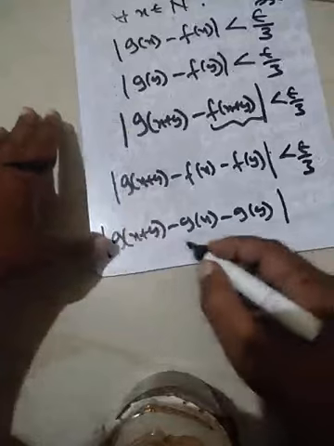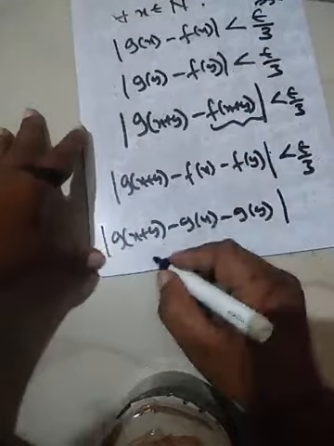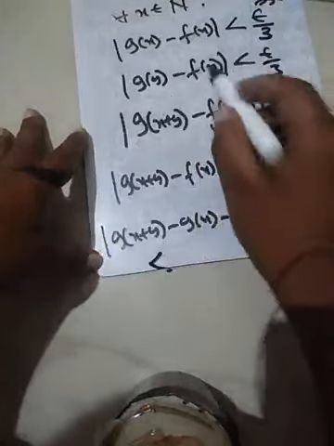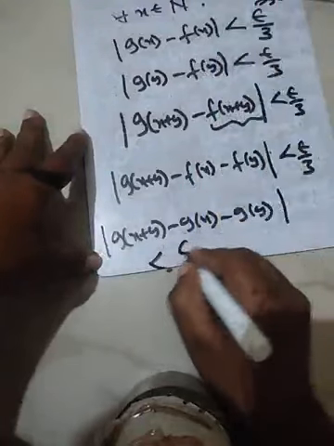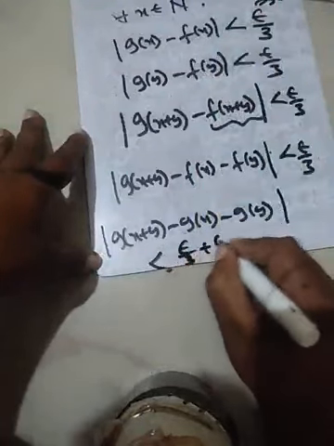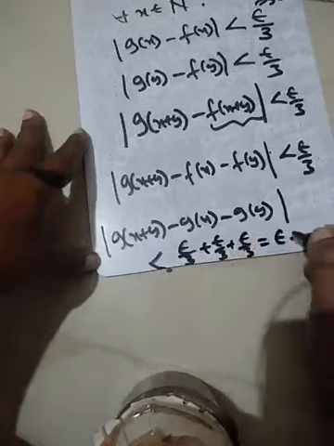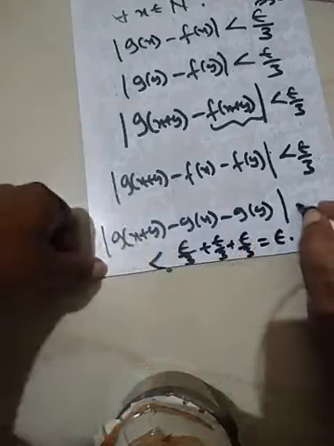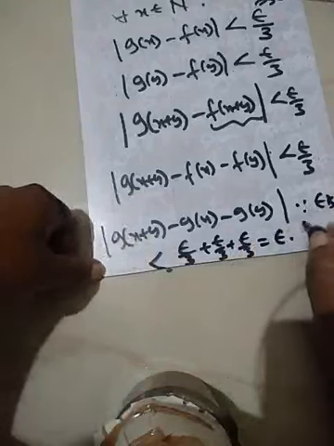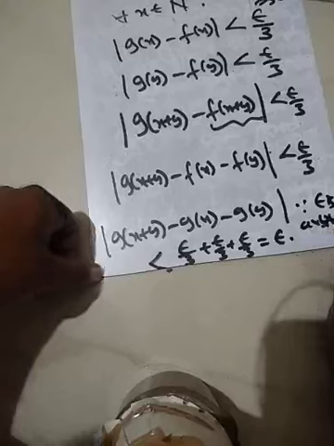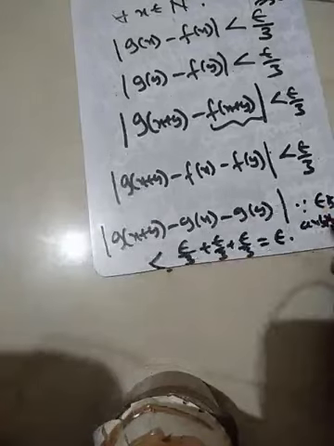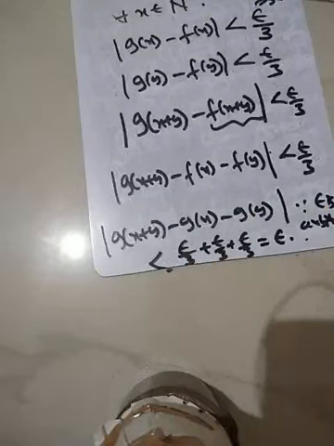So using all of this, it is strictly less than this term, this term, this term. So that would be strictly less than epsilon by 3 plus epsilon by 3 plus epsilon by 3. So this is equal to epsilon. And since epsilon is arbitrary, what do we get? That g of x plus y becomes g of x plus g of y. So which shows one half of the property of linearity.